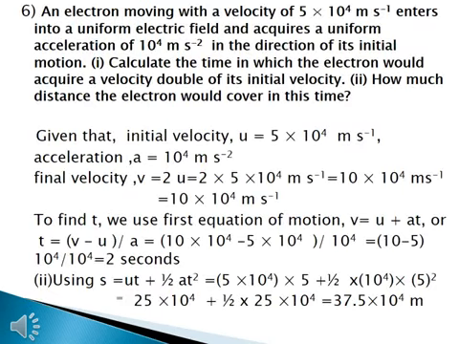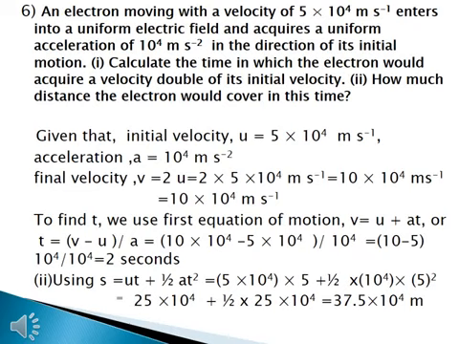The sixth question is: an electron moving with a velocity of 5 into 10 to the power of 4 meter per second enters into a uniform electric field and acquires a uniform acceleration of 10 to the power of 4 meter per second square in the direction of its initial motion.